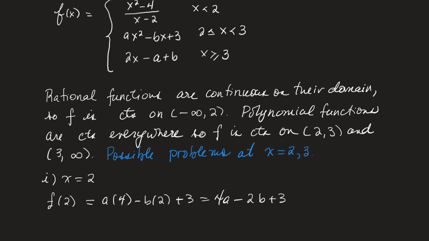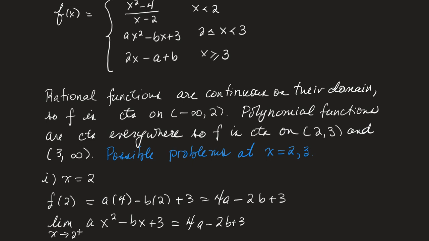And that will also be equal to the limit as x tends to 2 from the right, because for that I'm looking for the part of the function where x is larger than 2 and as close to 2 as possible, so I'm picking that. Again, I'm going to use ax squared minus bx plus 3, and I would get the same thing as above. So that's 4a minus 2b plus 3.